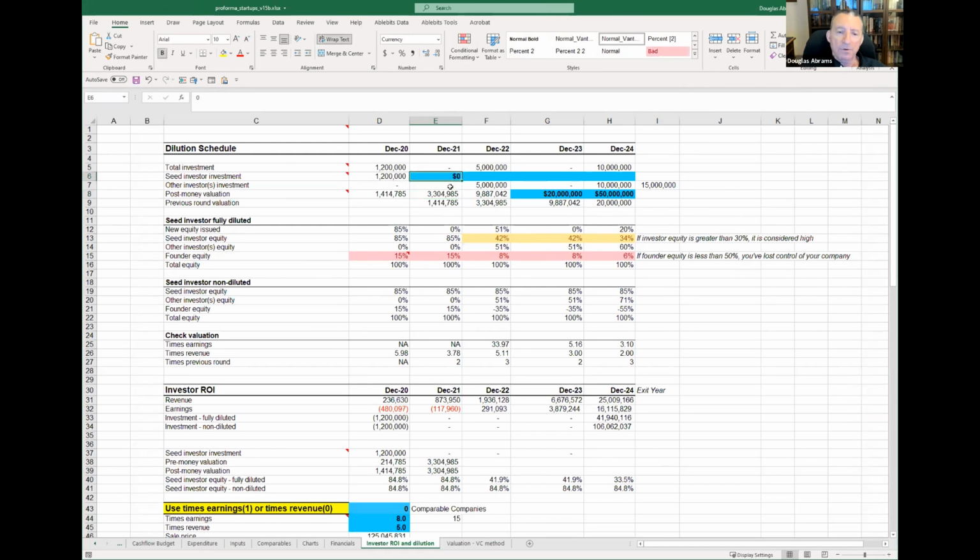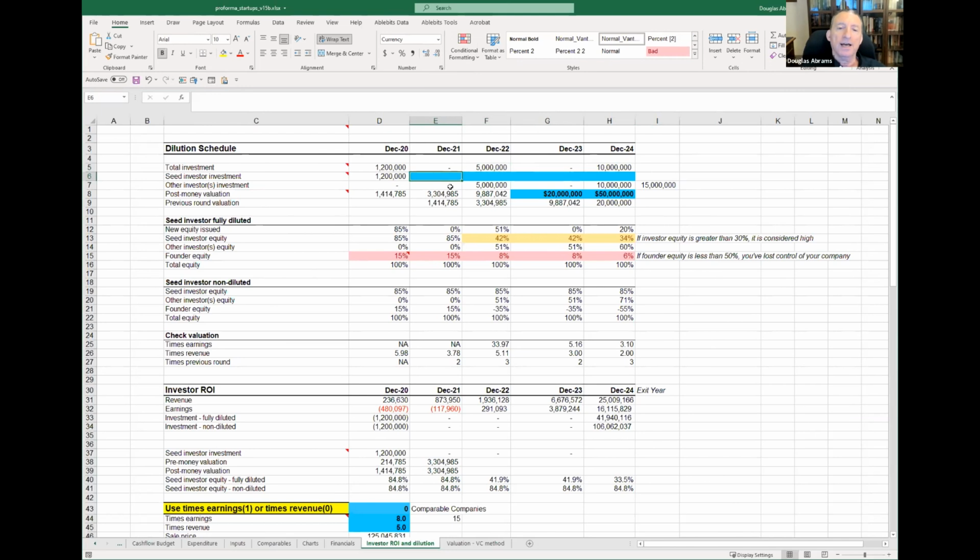Now, you notice this row is blue, which means it's an input row. So what this row does is it gives our seed investor a chance to participate, meaning if this row is left blank, the new investment in each of the subsequent funding rounds is modeled to come from new investors, meaning all that happens to the seed investor is they're diluted each time.